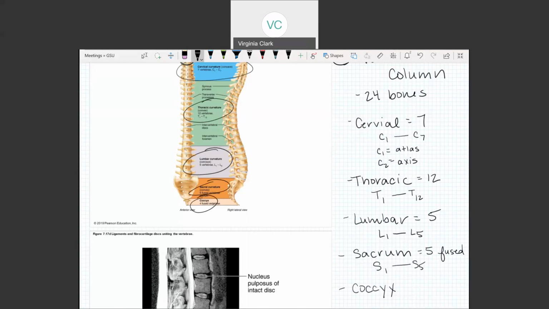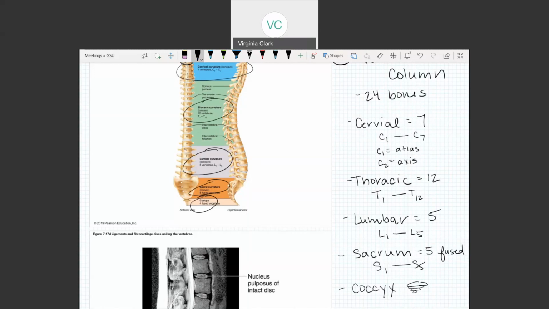So your coccyx is going to be made up of 4 fused bones at the very, very end. It is not named with a C again. They're not named 1 through 5, but they look like a rattlesnake's tail at the very bottom of your vertebral column, where it will essentially look like a rattlesnake's tail coming down. So that's what your coccyx is.